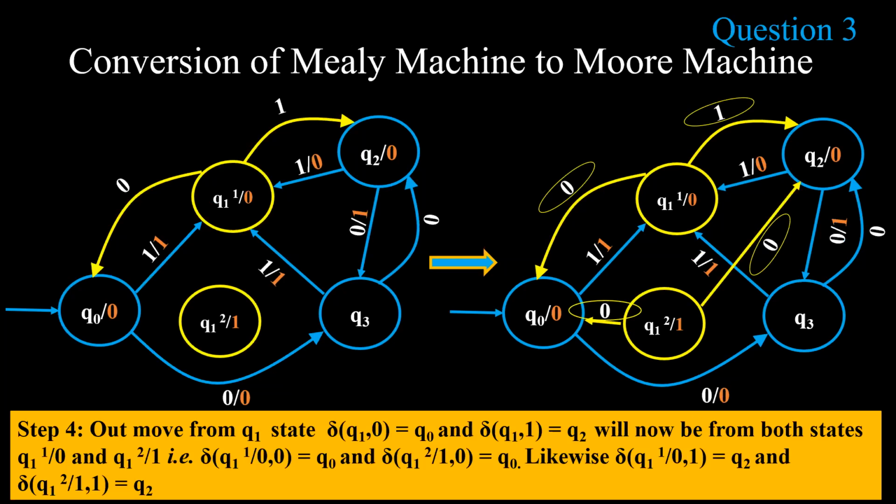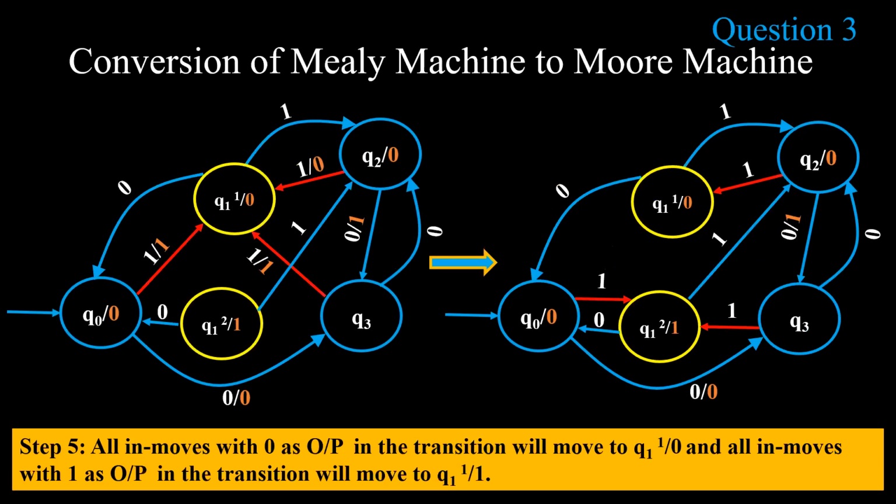Next move will be, we will take into consideration their in moves. Out moves have already been considered. There are 3 in moves. 2 in moves have output 1. 1 in move has output 0. In move which has output 0 will go towards 0. In move which has output 1 will go towards the state 1.